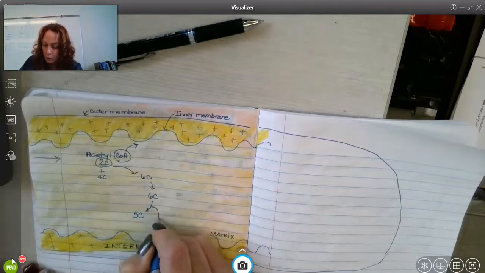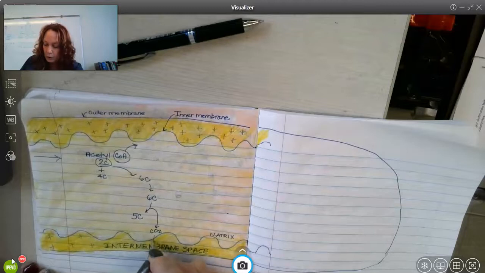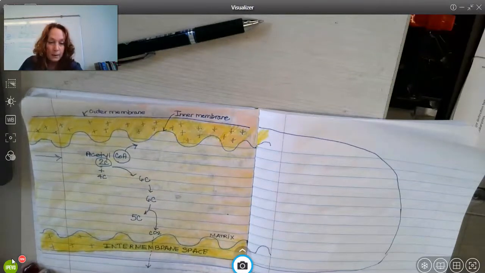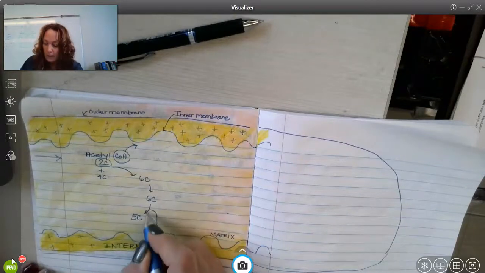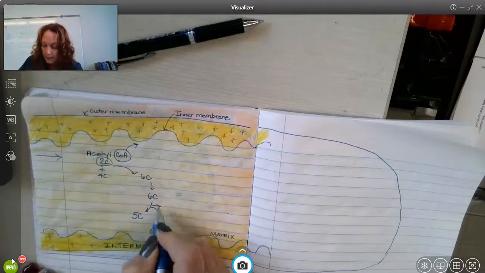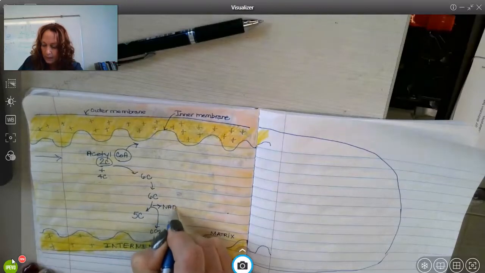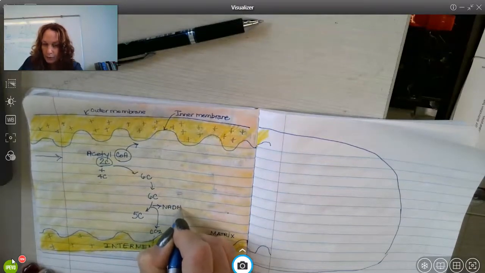There'll be a generation of carbon dioxide, which just diffuses on out of the mitochondria because it can go right through those membranes. Because I broke a bond, I'm going to have electrons I have to deal with. So I'll have NAD reduced to NADH.